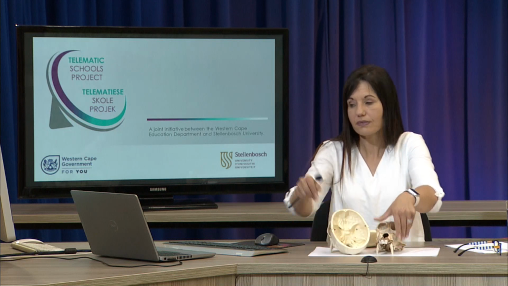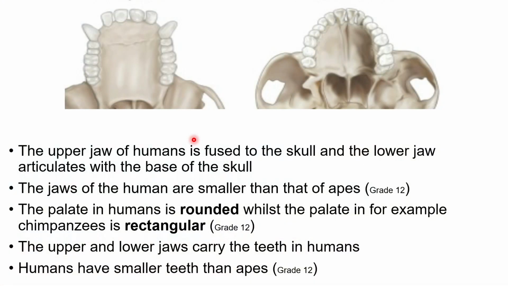Right. If we go on, there are more differences in the skull. If we compare the human skull, we can see that the upper jaw, first of all, is fused to the skull, and the lower jaw will articulate at the base of the skull. The jaw of humans is smaller than that of apes.